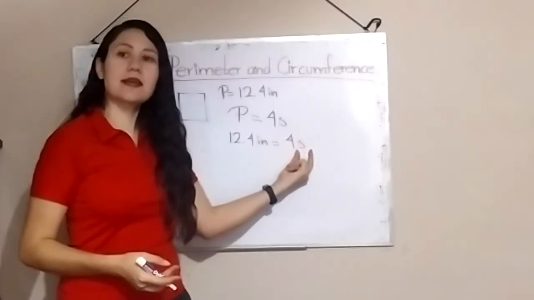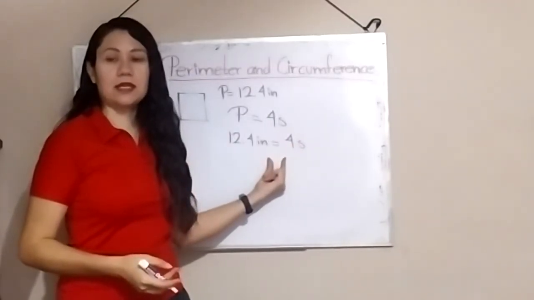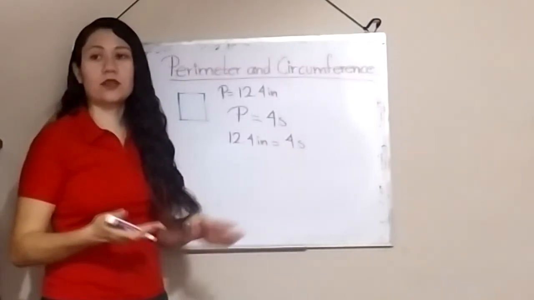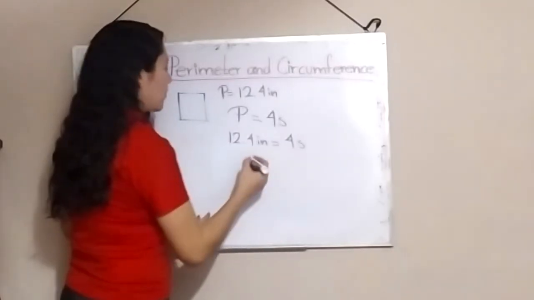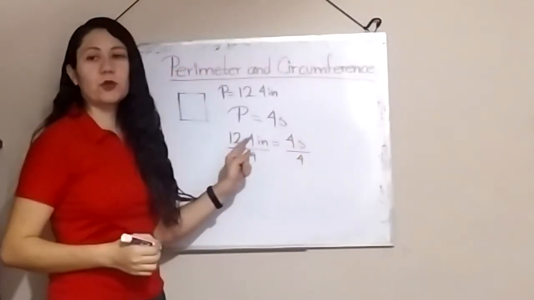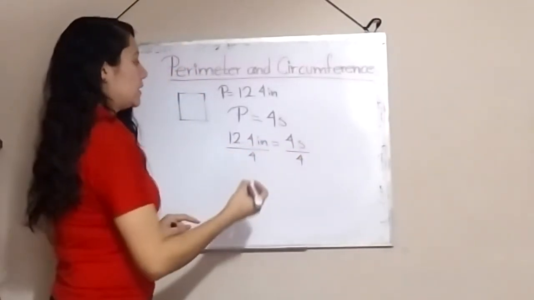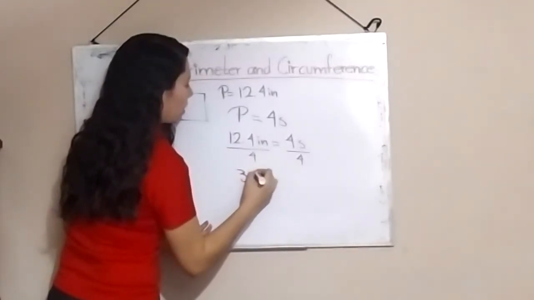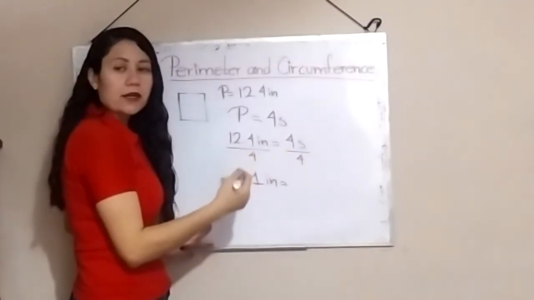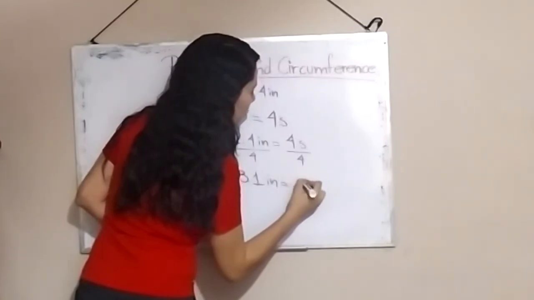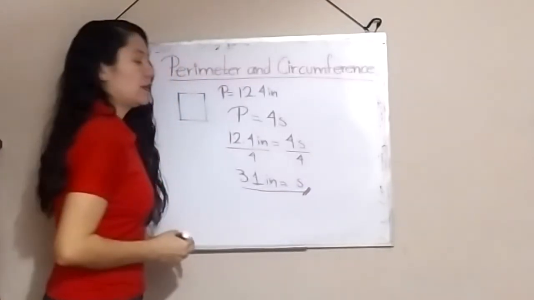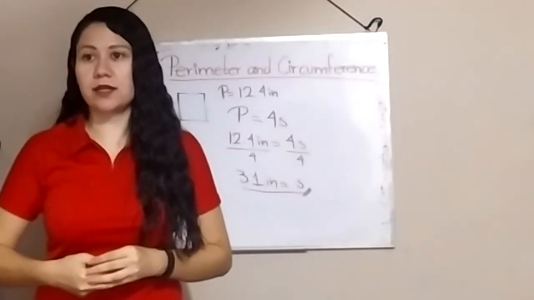How do we get the sides to be alone on this side of the equal sign? Just like any other equation, we divide by 4. 12.4 inches divided by 4 is equal to 3.1 inches, and 4 times sides divided by 4 is equal to just one side. So the measurement of the side is 3.1 inches.